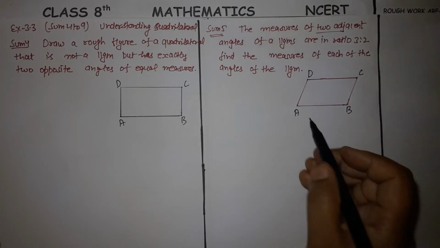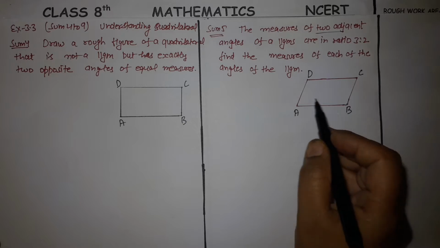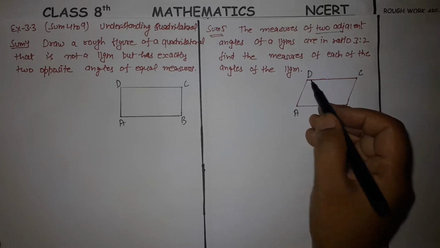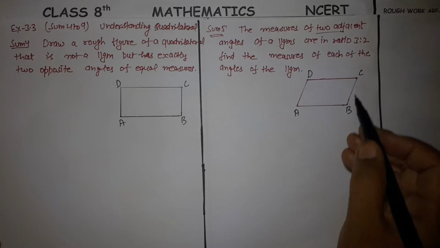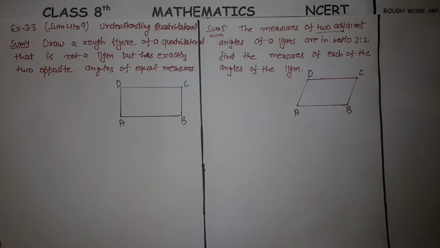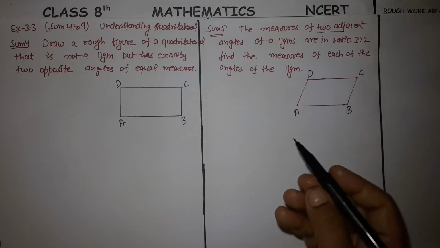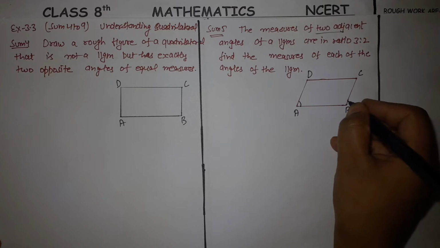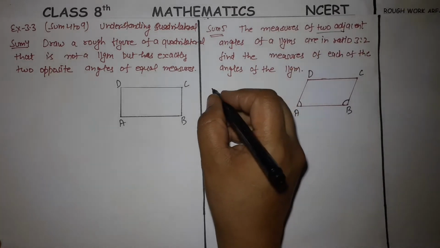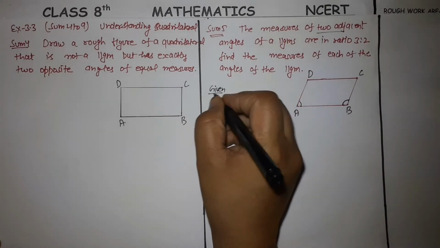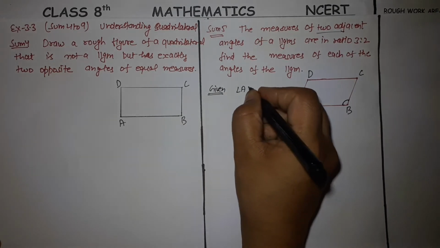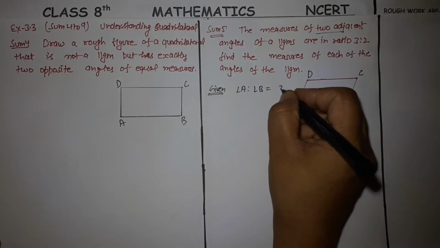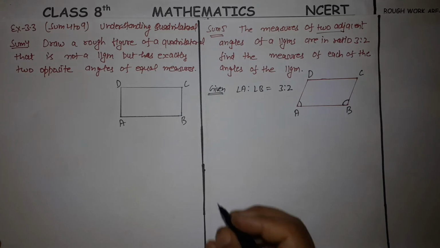Two adjacent angles: angle A, angle B, or angle A, angle D, angle B, angle C, or angle C, angle D. Let me take angle A and angle B. Given: angle A ratio angle B equals 3:2.